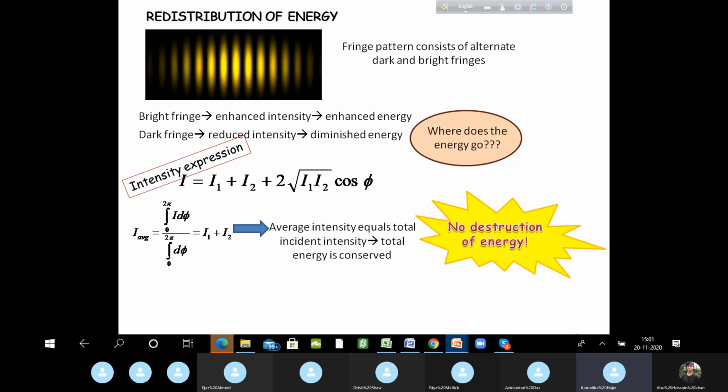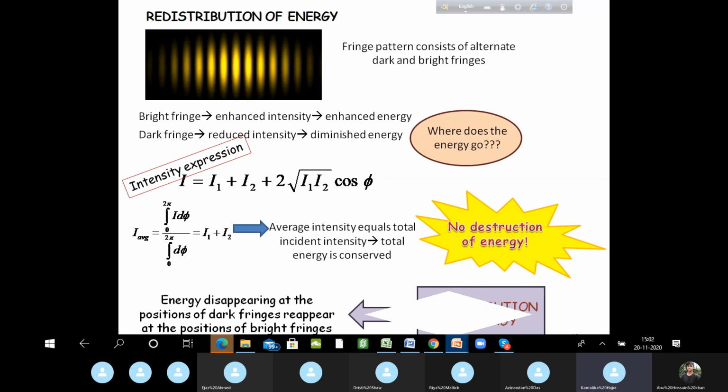So total energy is conserved. There is no question of destruction of energy. Energy disappearing at the positions of dark fringes reappears at the positions of bright fringes. This is known as redistribution of energy. This again is an important concept and an important question. It can come as: what do you mean by redistribution of energy in intensity? Clear? Very, very important question.